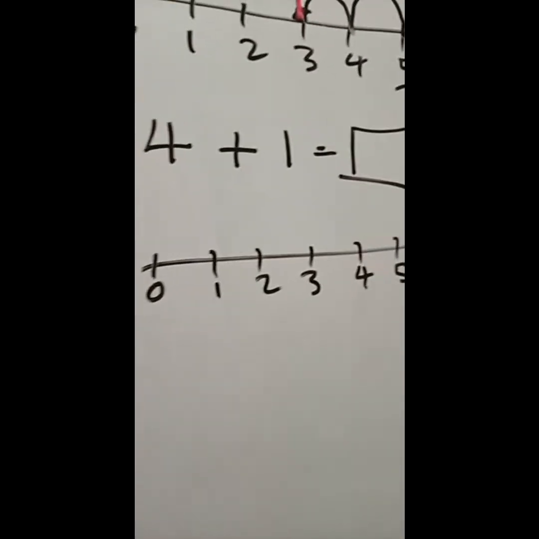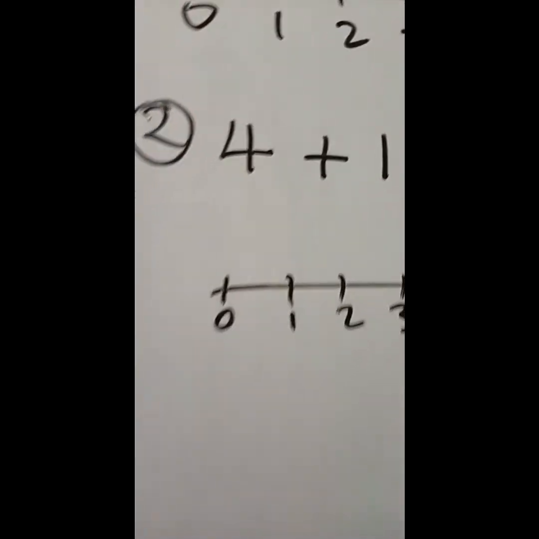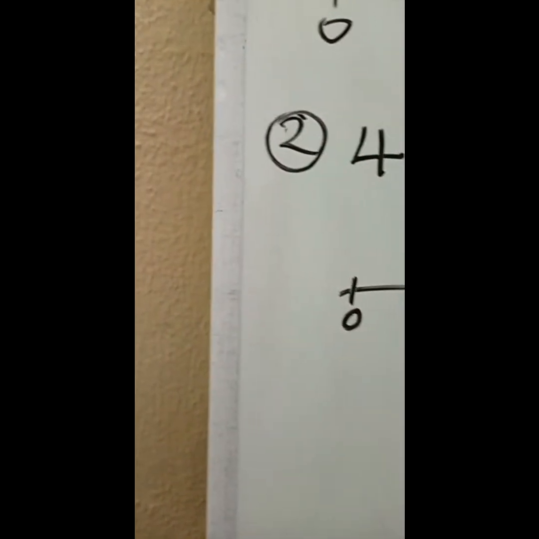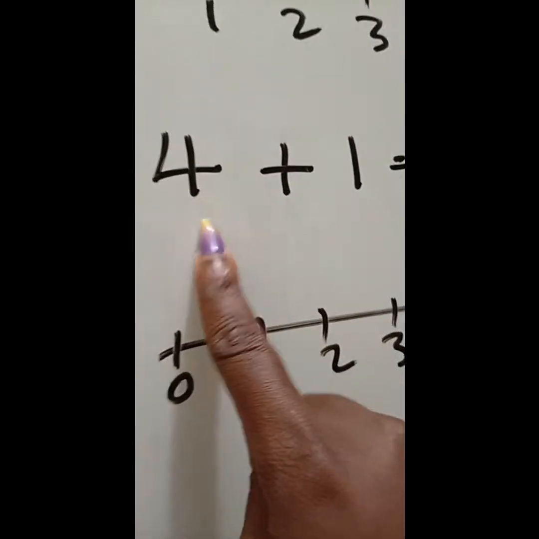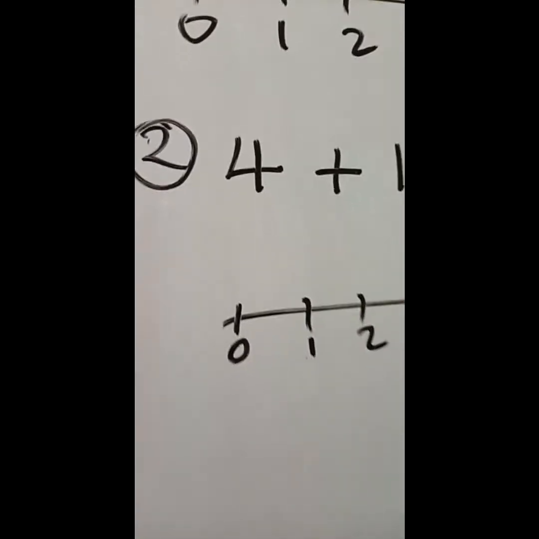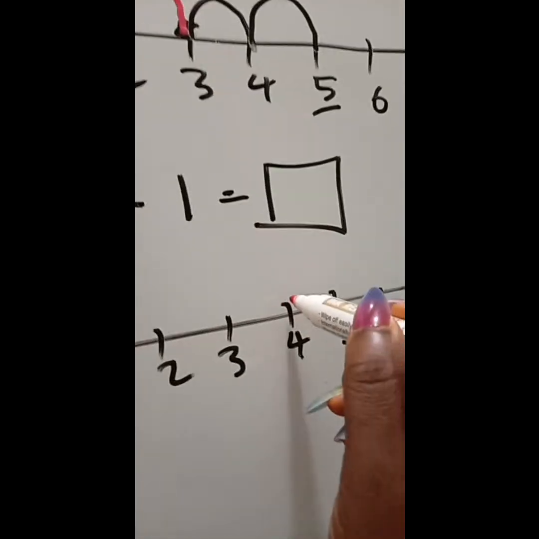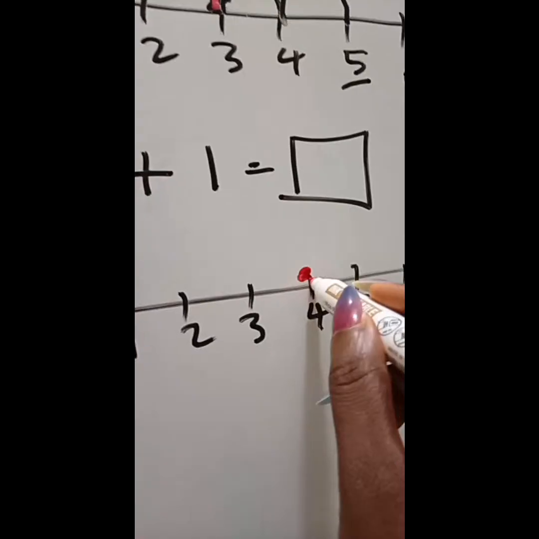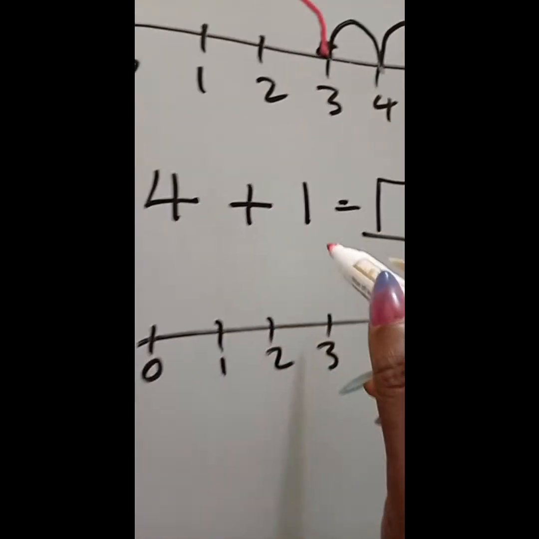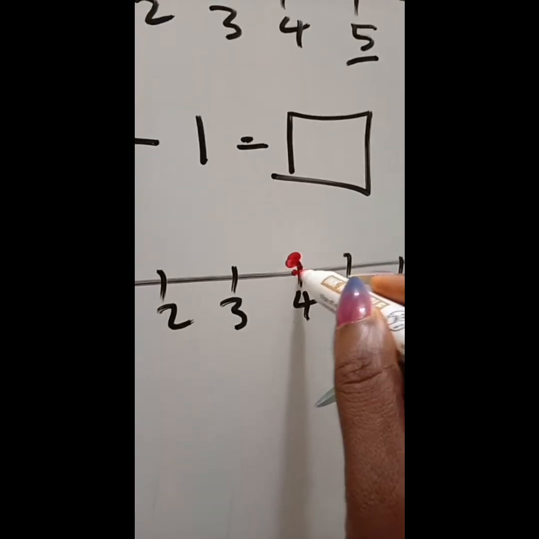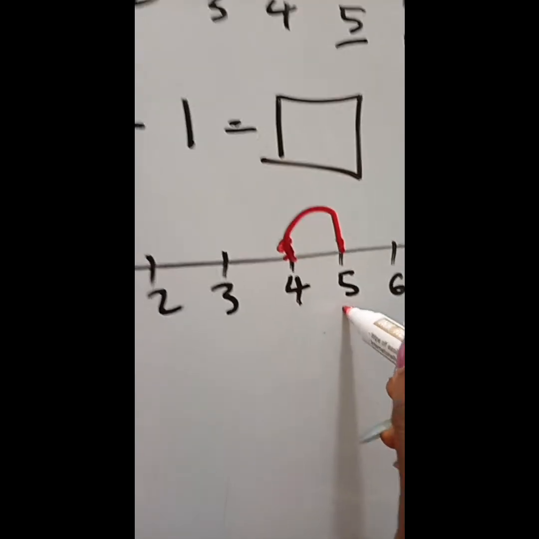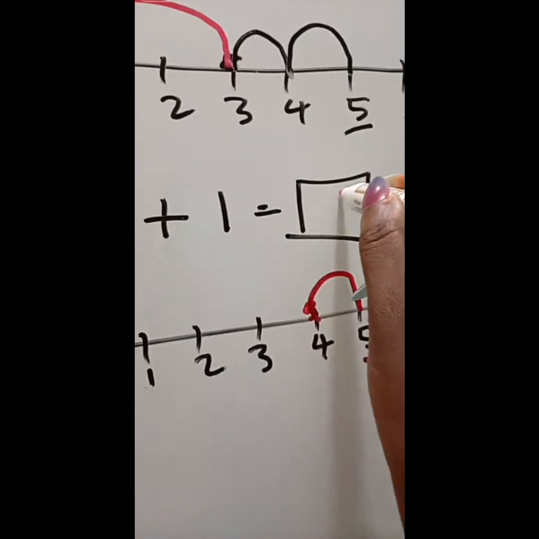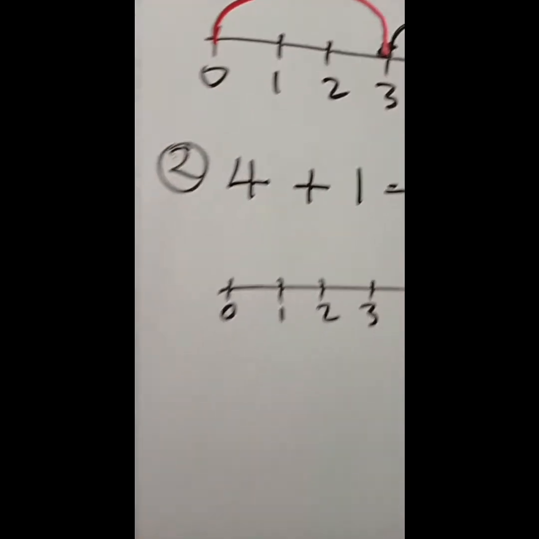Okay, so we are starting with number 4, right? We have 4 plus 1. So this is 4. So the frog jumps from 4, and it's only one jump, right? So you just do like this, just 1. It stopped at 5, so our answer is 5.